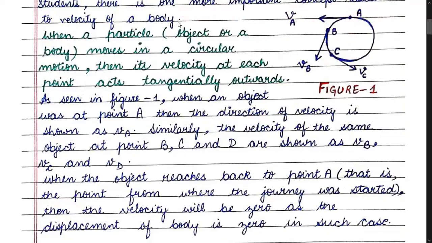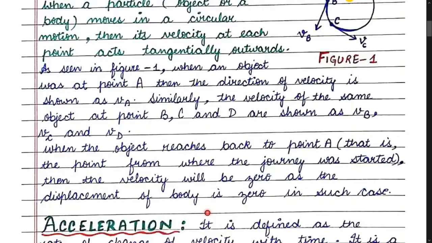as we have done in our second PDF, when the particle starts from a point and after rotating, it returns back to its point, then the net displacement of the particle is zero. What is zero? Displacement of the body is zero. And if displacement is zero, velocity will also be zero.